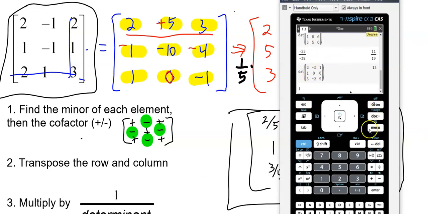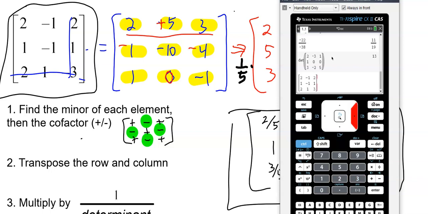So I'm going to type in, this is not something you do on the test, but I am going to check it here. So I'm going to do a 3 by 3. So 2, -1, 2, 1, -1, 1, and 2, 1, 3.